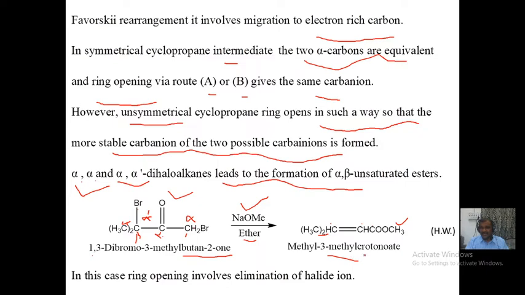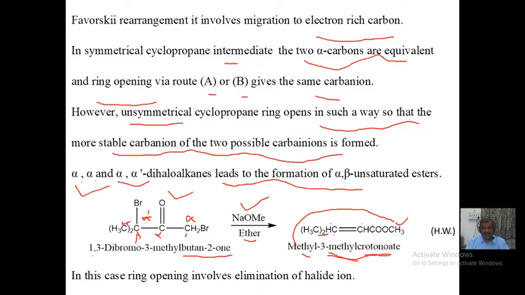Methyl 3-methylcrotonate. Crotonic acid is what? CH3 CH=CH COOH, but this carbon, which is carbon number 3, has two methyl groups, therefore it is a 3-methylcrotonic acid derivative. This methyl is connected with the ester part, methyl 3-methylcrotonate, friend.